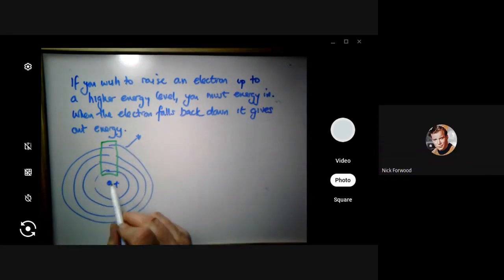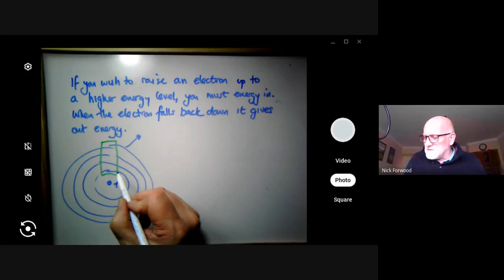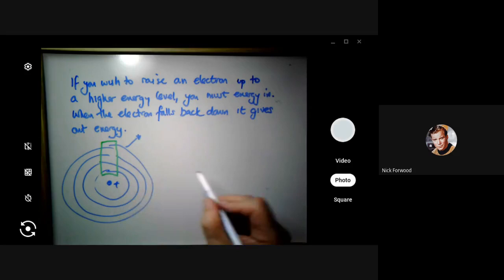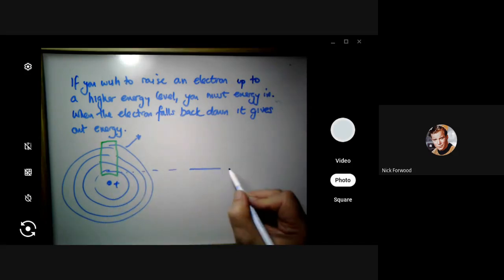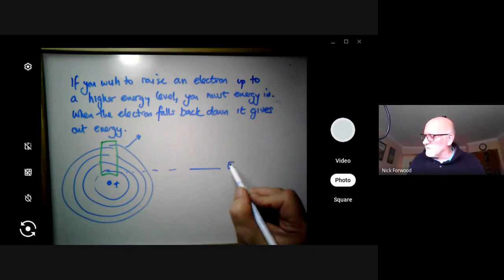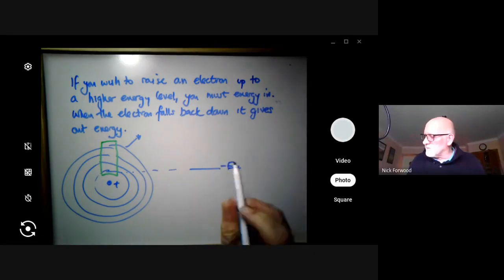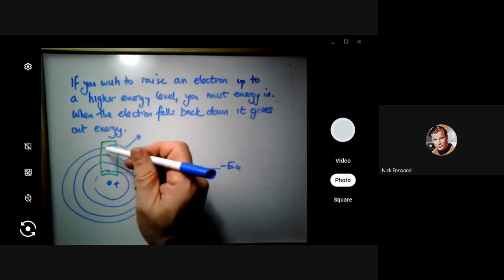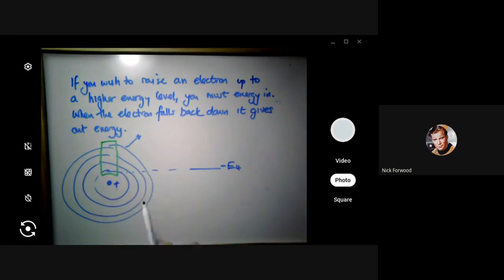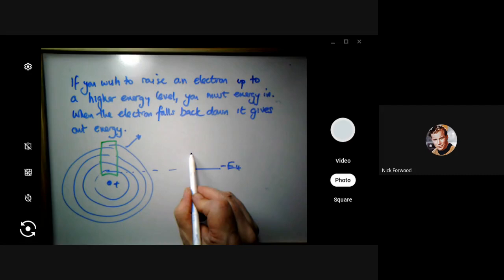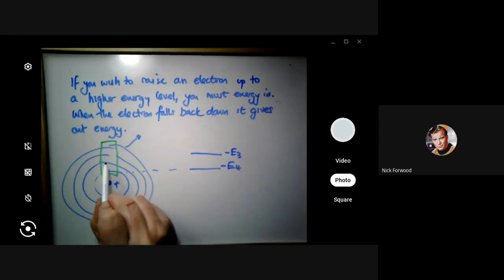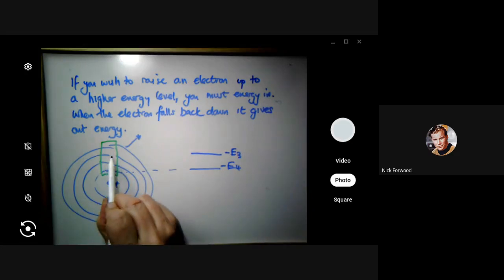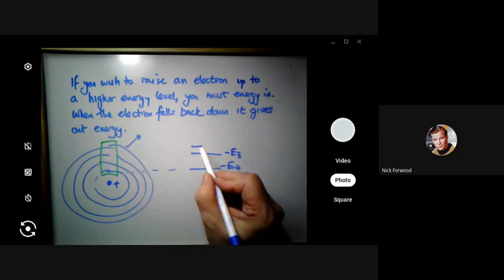So we're going to draw this, and this is going to be just like in the nuclear bunker. This is going to be energy level -4, and I'll transfer the information over here. So I've got energy level -4. I'll call it E4, and it's got a minus number because you're going up and down from ground level. Ground level's up here, and then you've got quite a way away, you've got energy level -E3. That's over here, and then you've got number 2 energy level, and they get closer together as you go up.